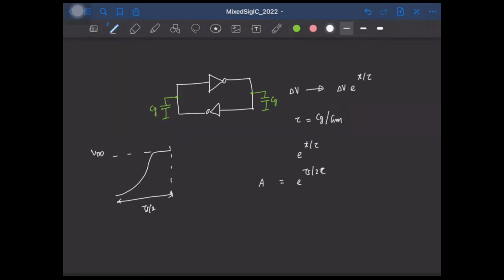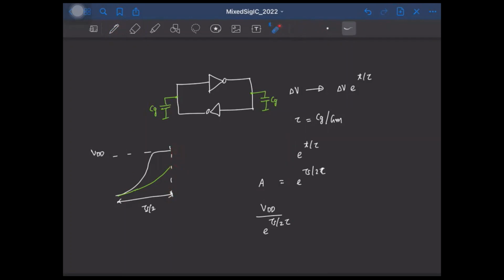Now we know that the output needs to settle to VDD finally, right? Which means if we have any input which is smaller than VDD divided by the gain, that is VDD by e^(Ts/2tau), then the output will rise exponentially, but it will rise slower. And at the end of this time, Ts/2, the output might not have grown and reached VDD.